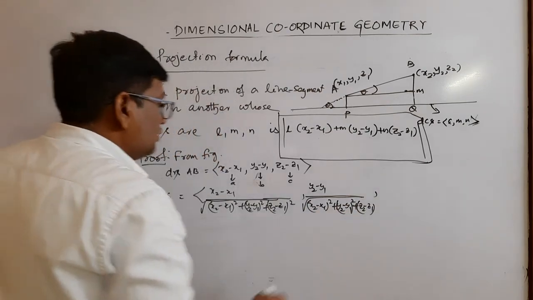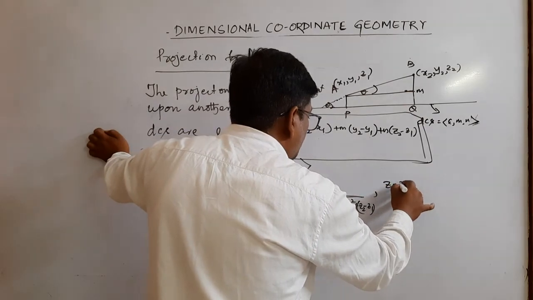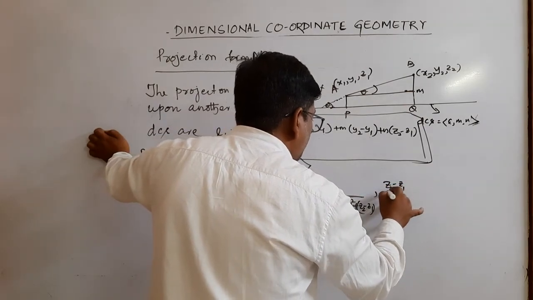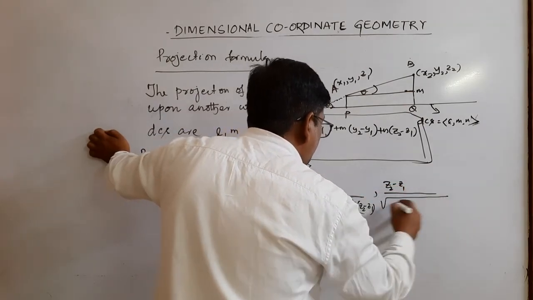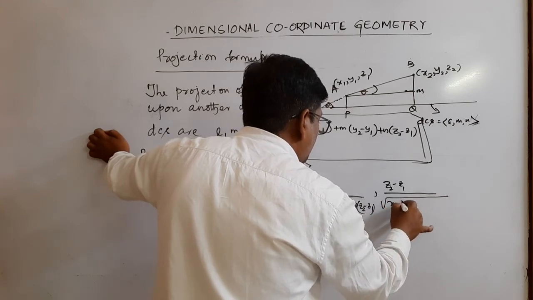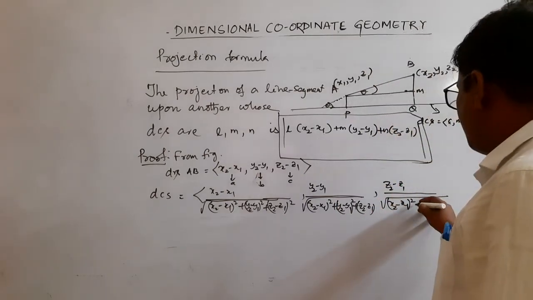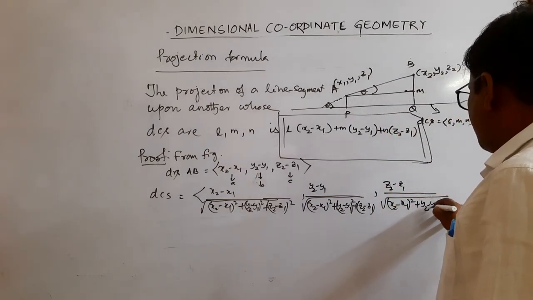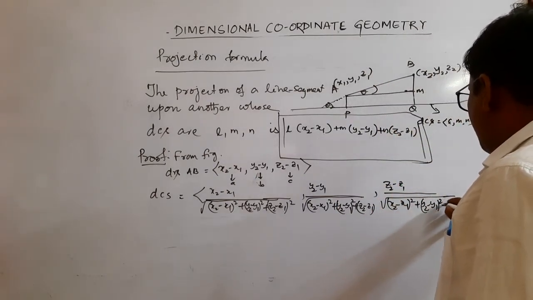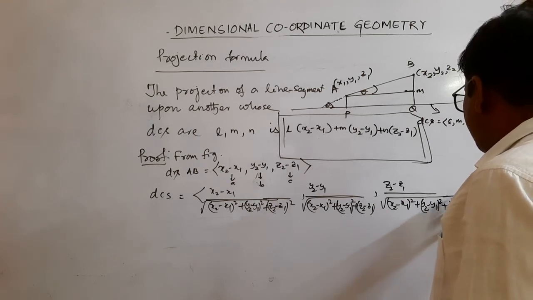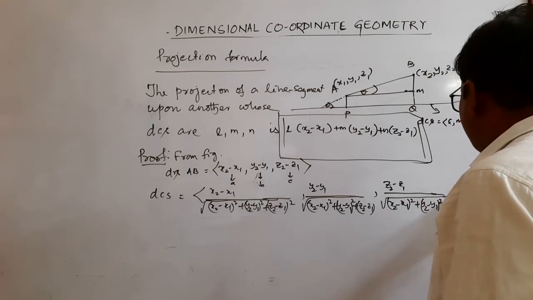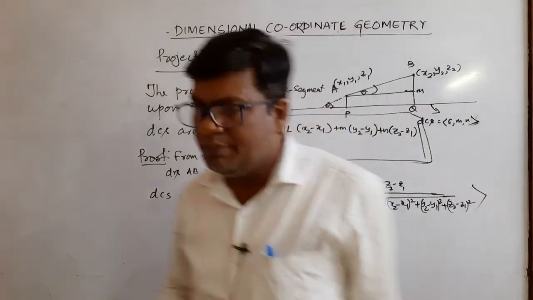Similarly z2 minus z1, by the same concept, over the square root of x2 minus x1 whole square plus y2 minus y1 whole square plus z2 minus z1 whole square. These are the DCs of AB.